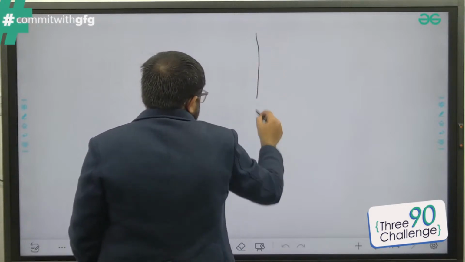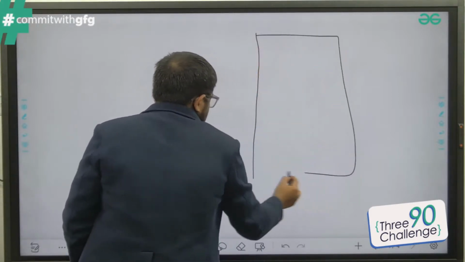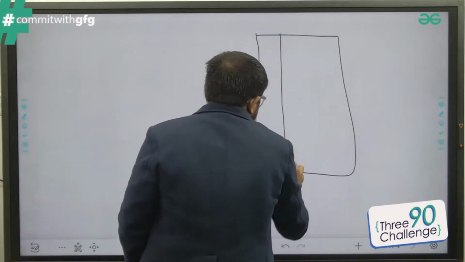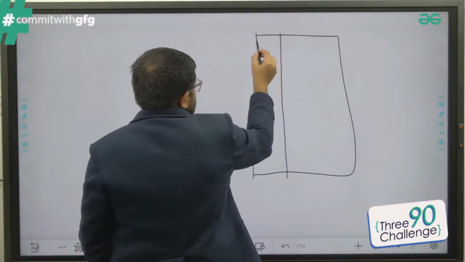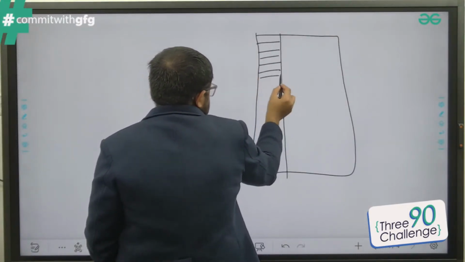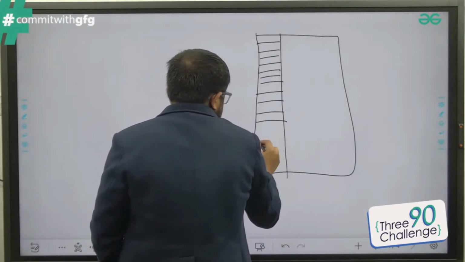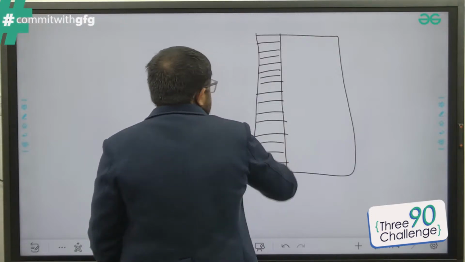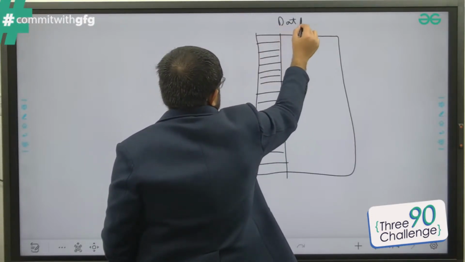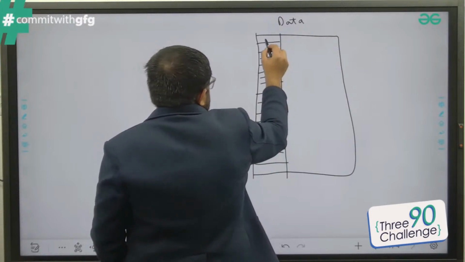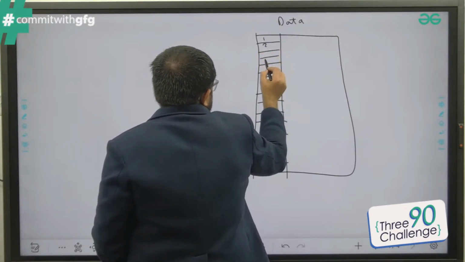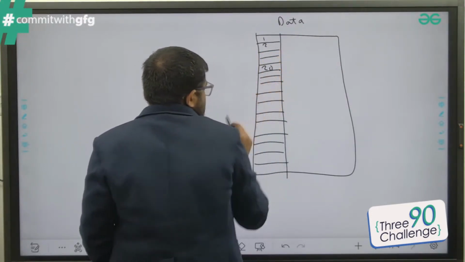Okay, so if we talk about primary indexing, let's say this is my data, and this is the indexing attribute, and for primary indexing it is sorted based on this attribute. This is your main data. Now let's say roll numbers 1, 2, 3 up to 20 go in the first block.